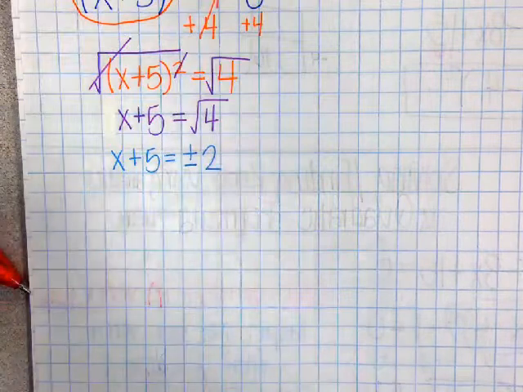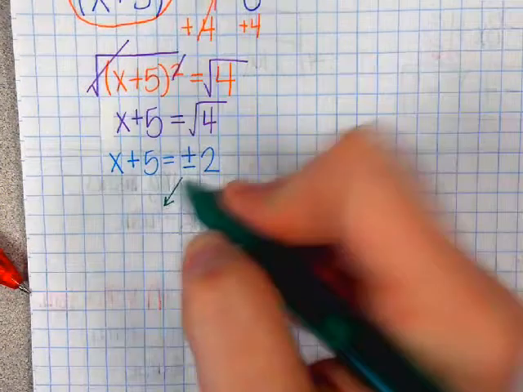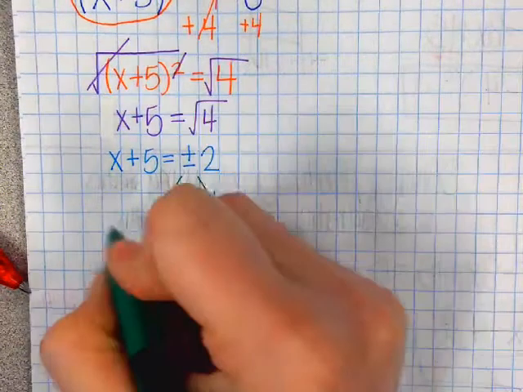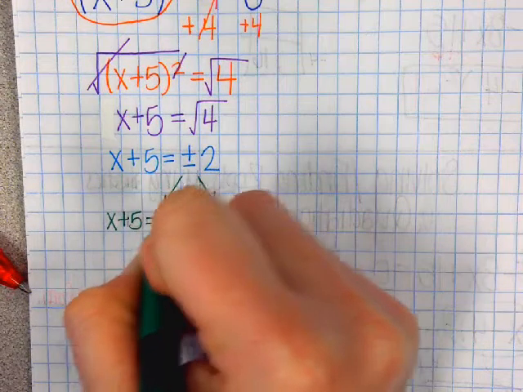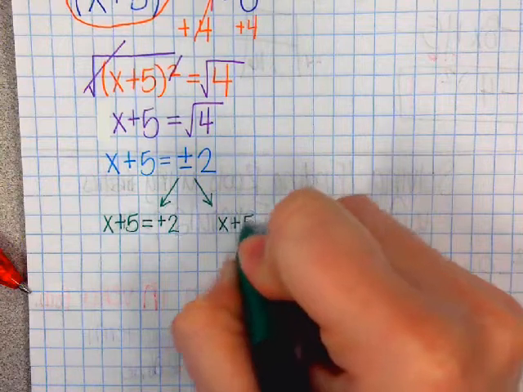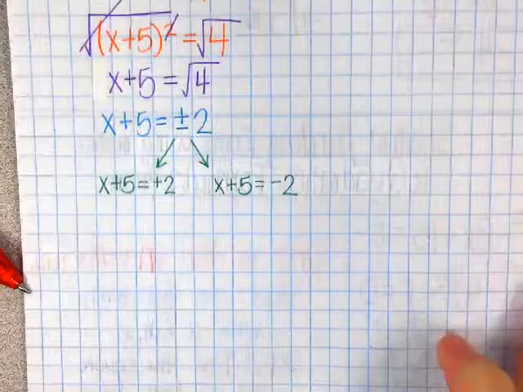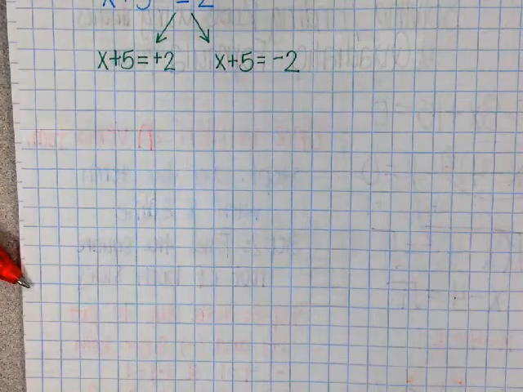You just have to remember a negative 2 times a negative 2 would have also given you a 4. Okay, now write your equation once with a positive 2, once with a negative 2. So it'd be x plus 5 equals positive 2, and x plus 5 equals negative 2.